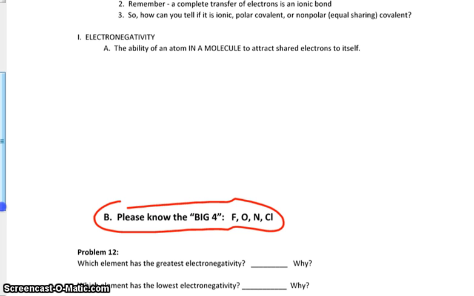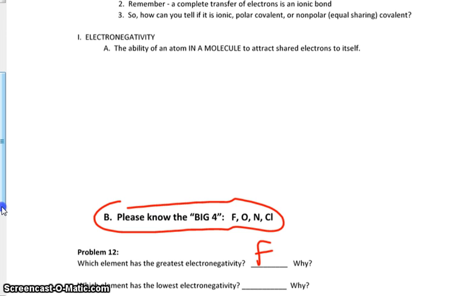So if you look at your diagram, you will see that fluorine's at the top, okay? So the question is, all right, which element has the greatest electronegativity? Well, I hope you know that's fluorine. Okay, the question is, well, why? What is electronegativity about? It's really a measure of the attraction of a bond. Well, what did we say that the measure of attraction was about? It has, you could say, the most effective nuclear charge. It has the fewest shells, so it has the closest proximity to the nucleus.